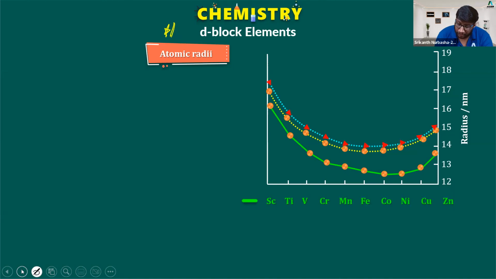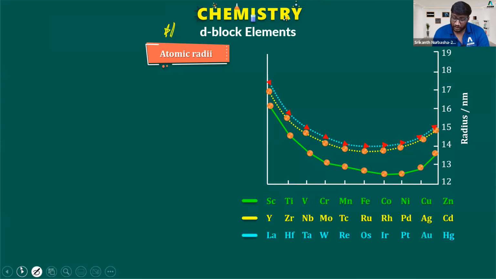From this graph, what can you say, students? Obviously this green line is the 3d series, the yellowish line is the 4d, and above that you have 5d. You are taking radius on the y-axis and increasing atomic number on the x-axis.